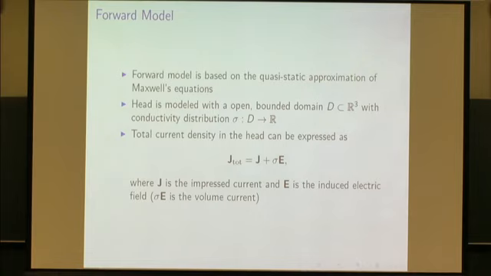You have the total current, which is the impressed current, the postsynaptic current, which is stable for about 1 millisecond. You have many neurons bundled together, and you see these millisecond-range small impressed currents. Then you have the return currents or volume currents, which are just the ohmic currents inside the head.